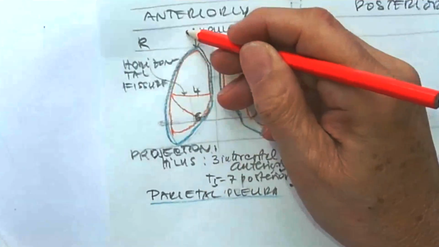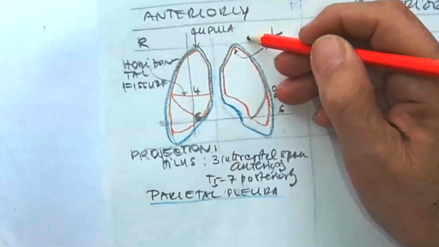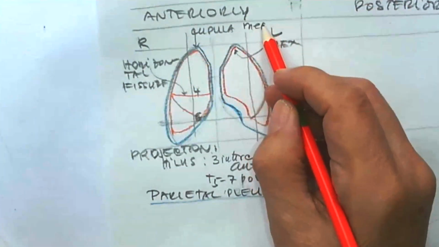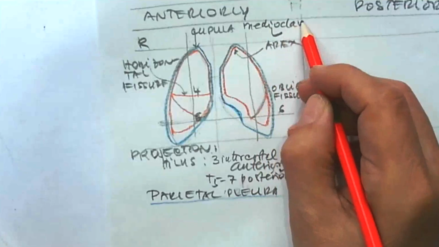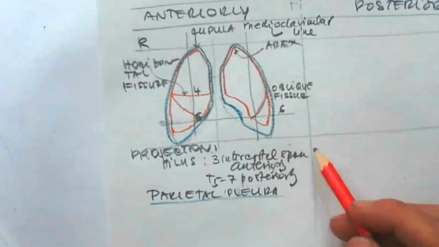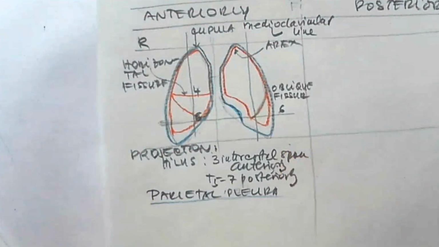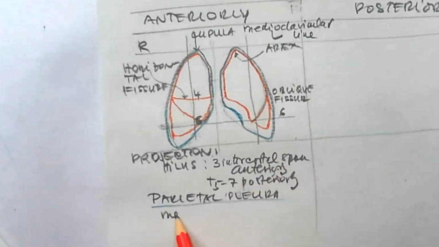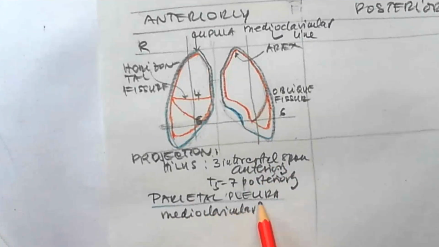Medioclavicular must be number 6. This is medioclavicular. That one is also medioclavicular. We can add the medioclavicular line. We use the medioclavicular line, so we could say medioclavicular is rib number 6.